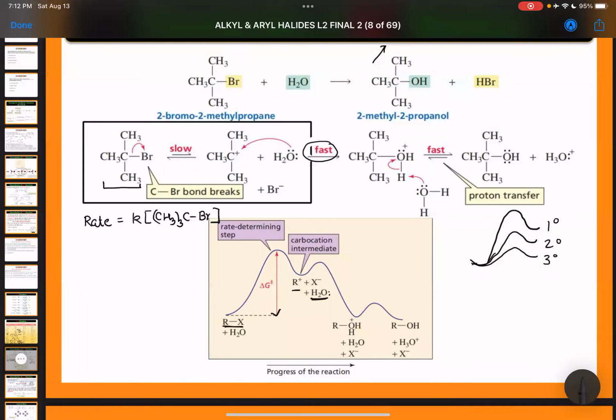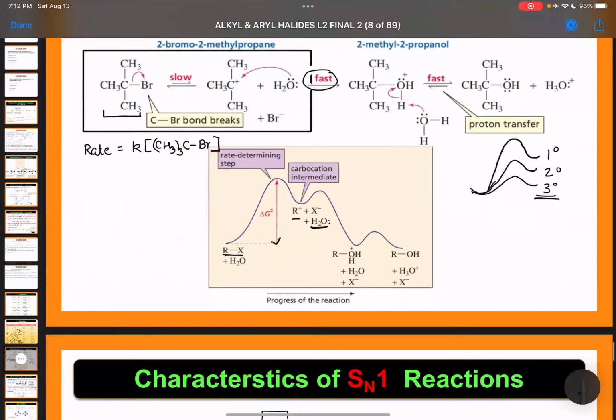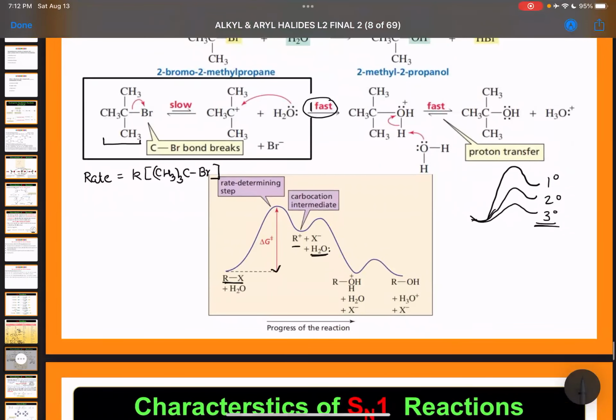So you can look at the energy profile. Which reaction is going to be the most difficult and which the easiest? This is going to be the easiest one. Tertiary carbocations are the most stable carbocations, and they can form very quickly, and that will increase the rate of our SN1.